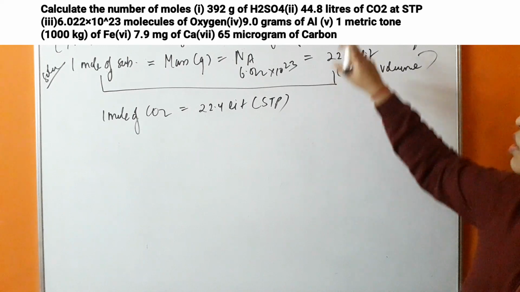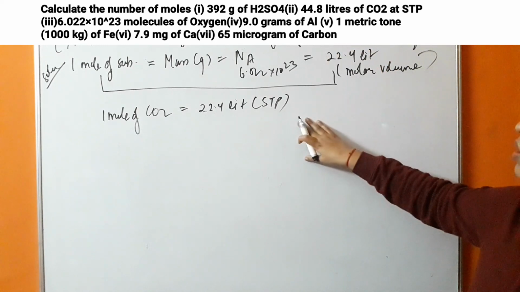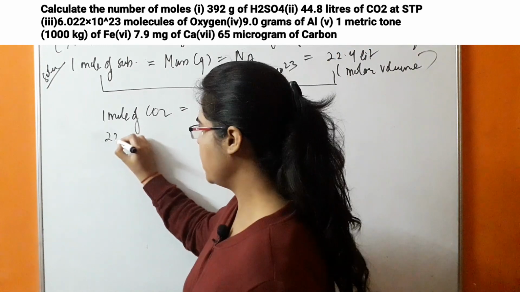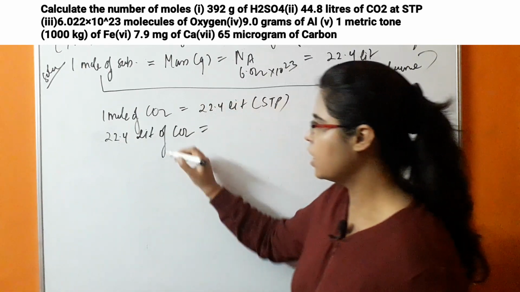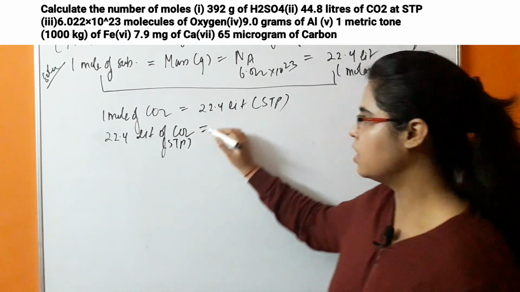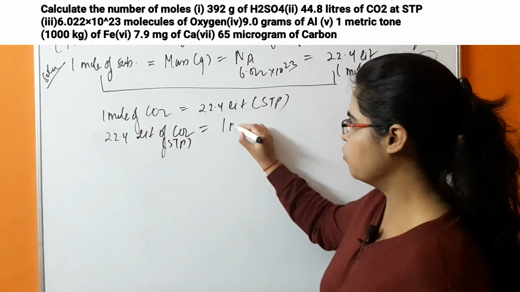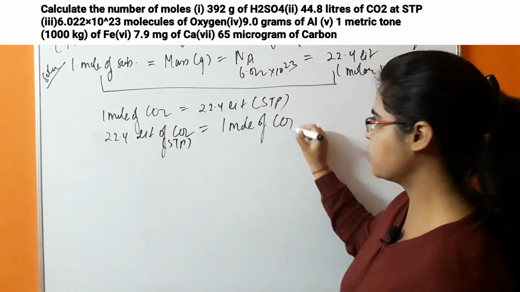Since volume is given and we have to find the mole, the relation will be 22.4 liter of CO2 at STP is equal to 1 mole of CO2.